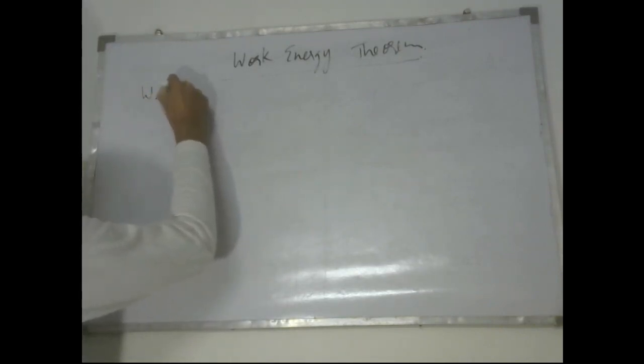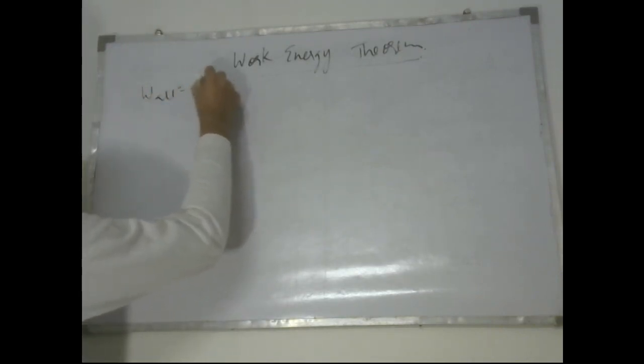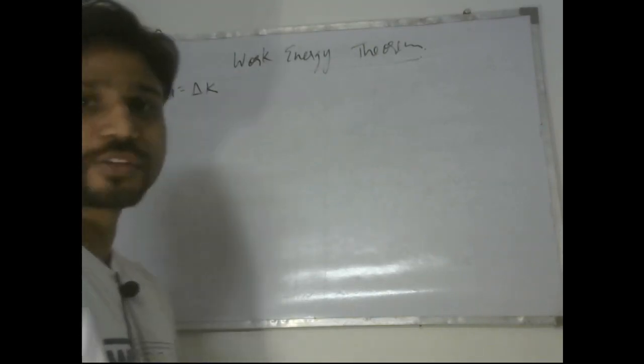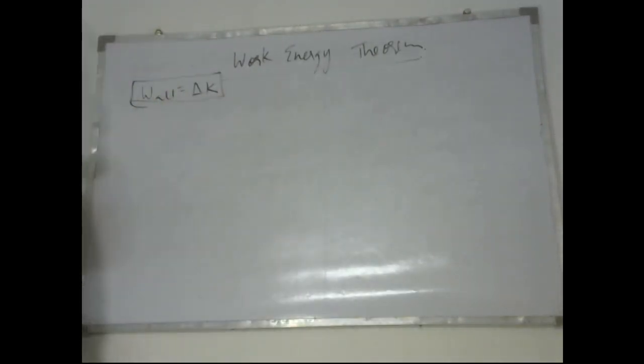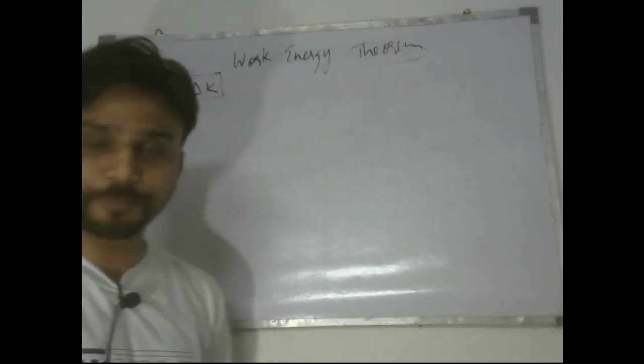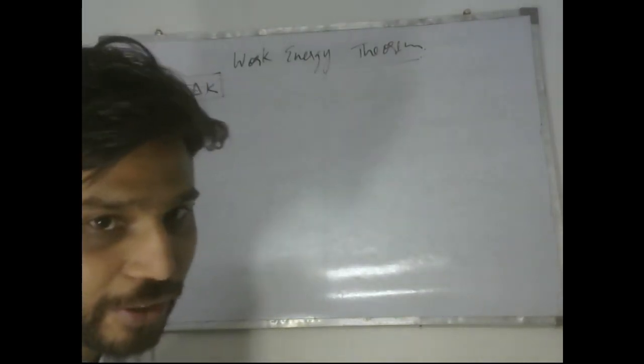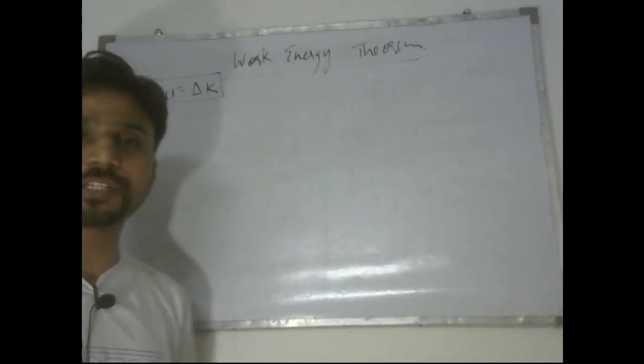What finally we are going to prove, let us write that first. We are going to prove that work done by all forces acting on the body is equal to the change in kinetic energy. This is what we have to prove, and we are going to start from some particular point. We are going to start with the velocity vector of the particle, taking two-dimensional cases.